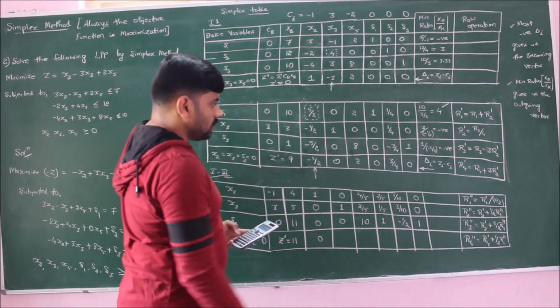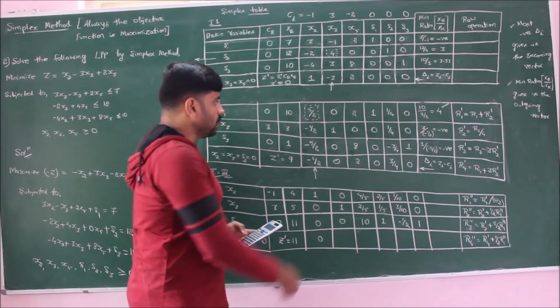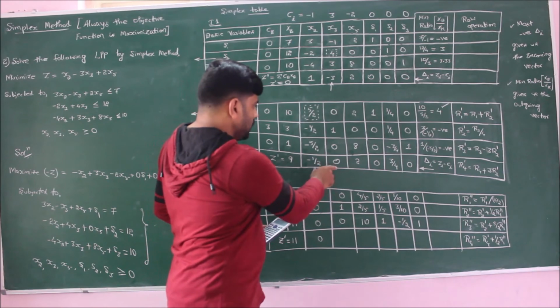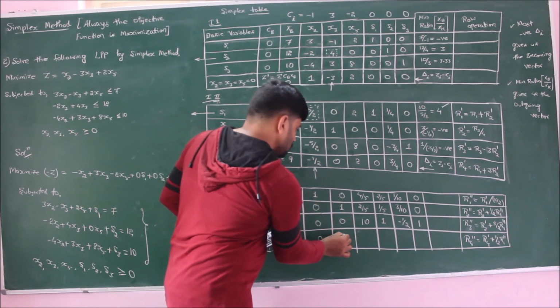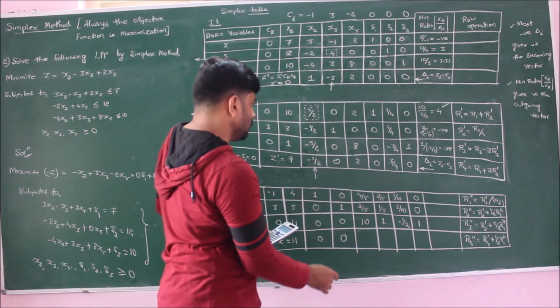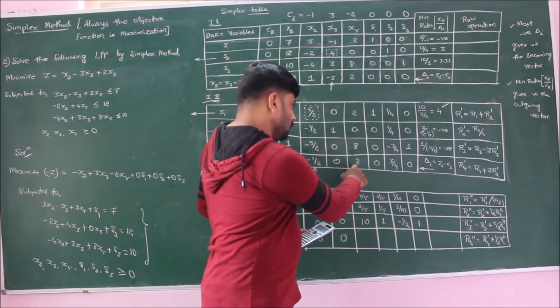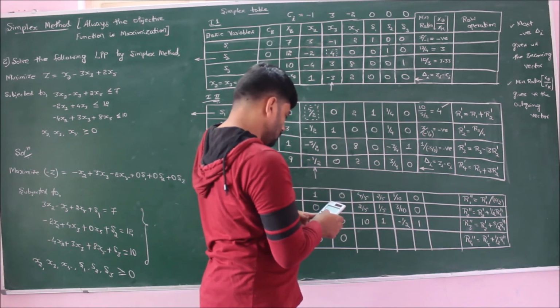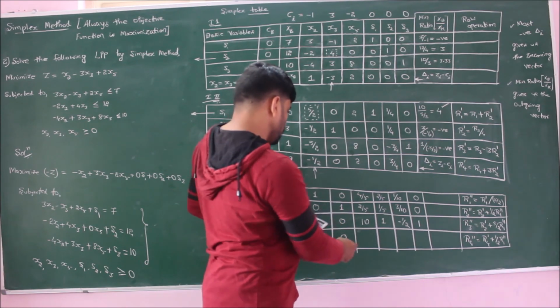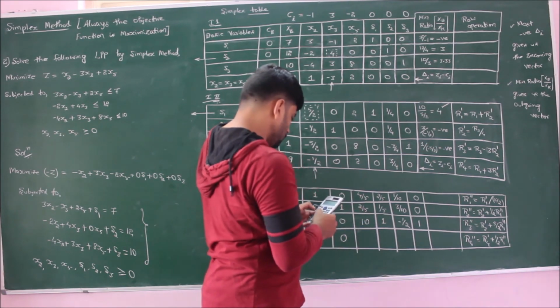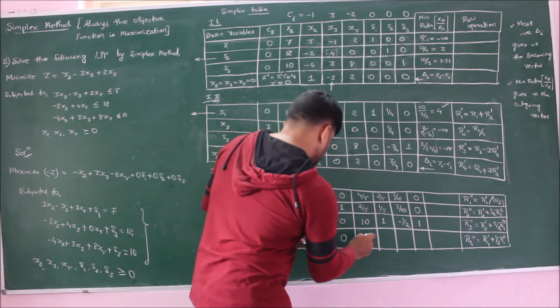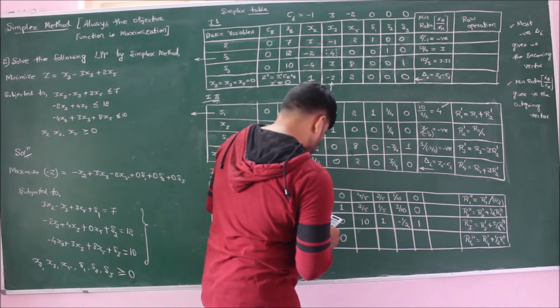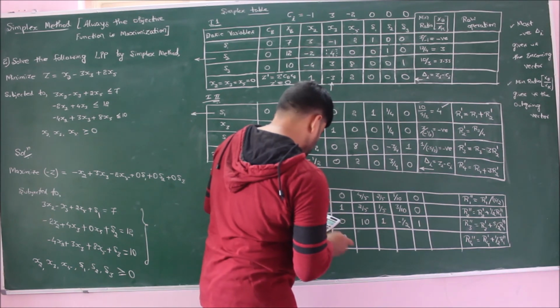Here we have done it in such a way that we will get the 0 below the key element. Next, here we have 0, here also we have 0, so I will get it as 0. Here we have 2, so 2 plus 1 by 2 into 4 by 5, which gives us the value as 12 by 5.